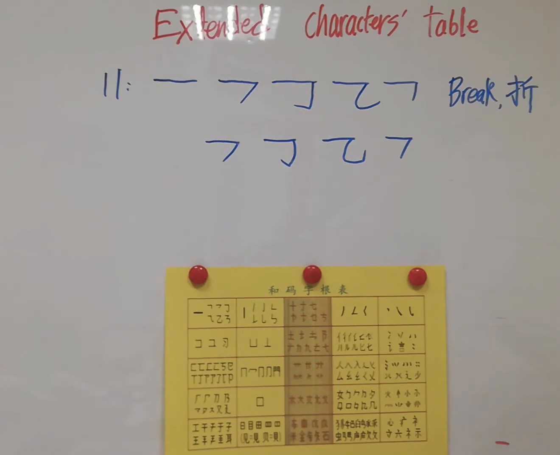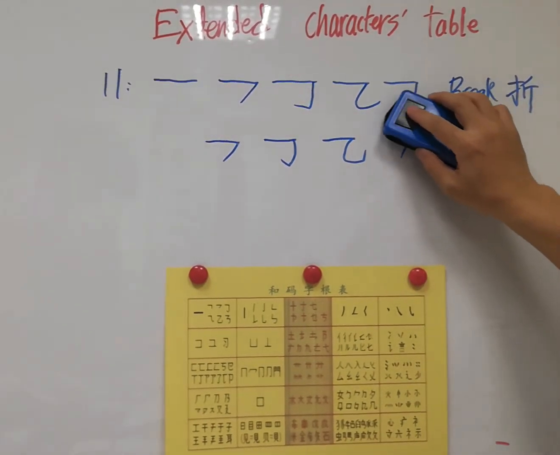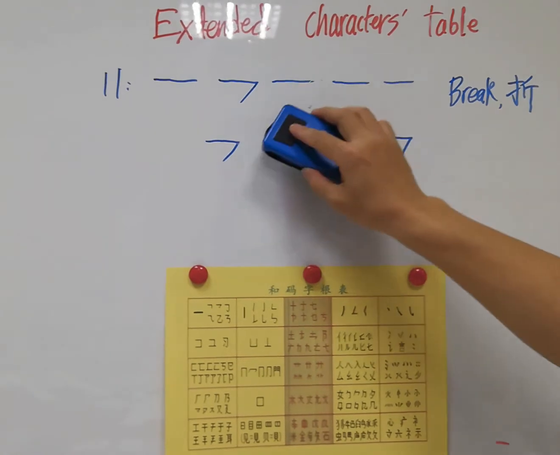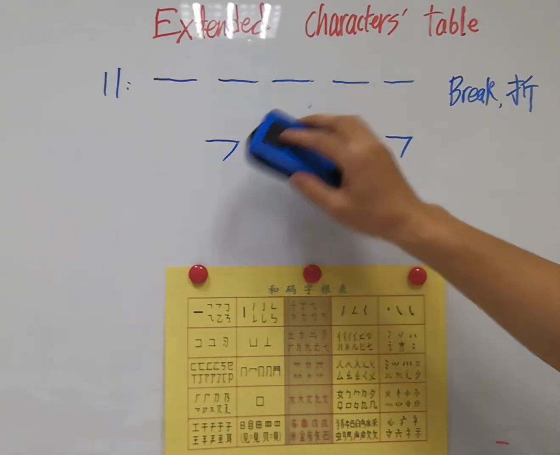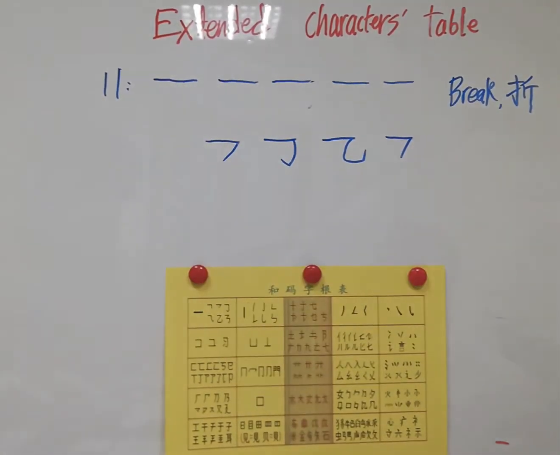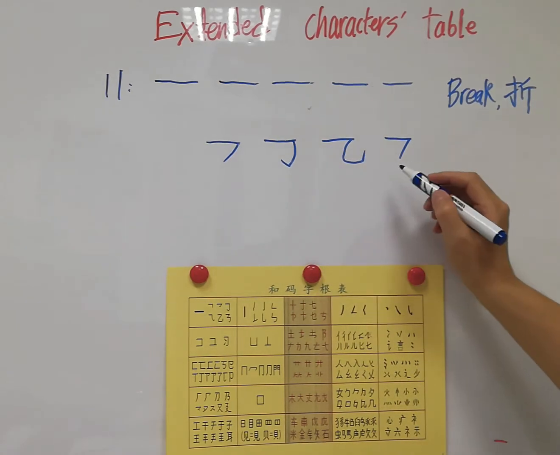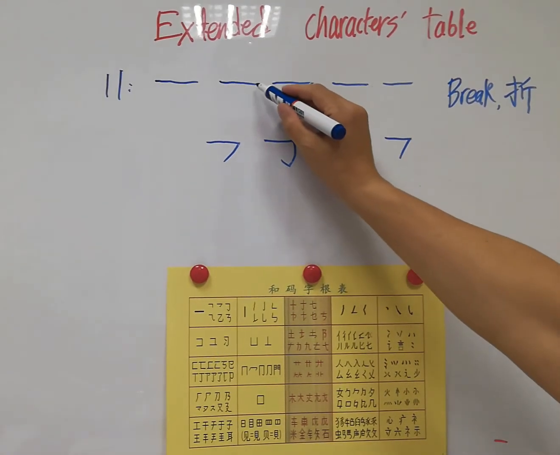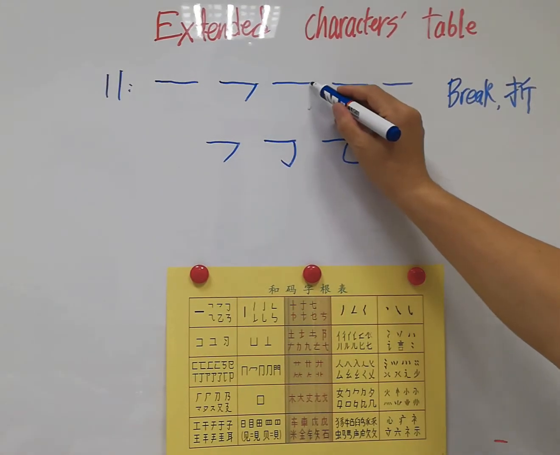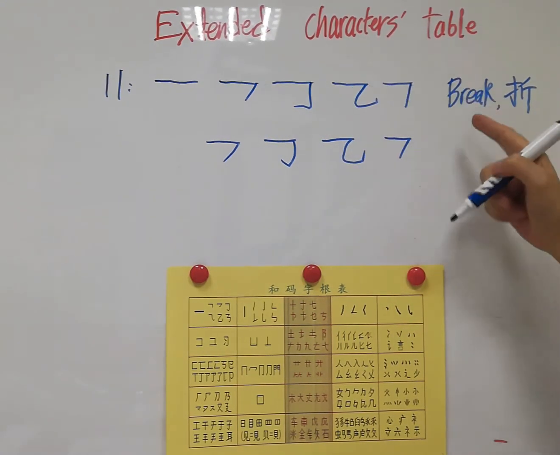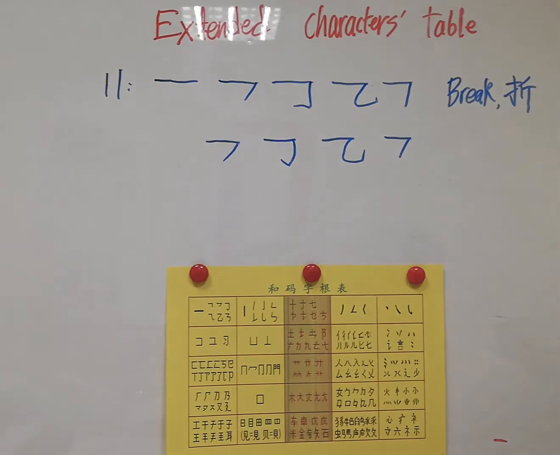If we get rid of the second part, it all back to HeChin. So we called these 4 strokes are extended from HeChin by break.